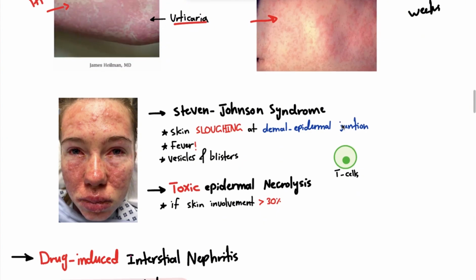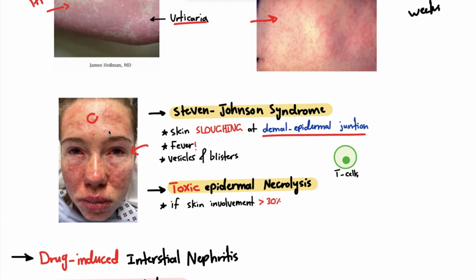The next important side effect here is Stevens-Johnson syndrome, and the more severe form of Stevens-Johnson syndrome, which is toxic epidermal necrolysis. What really happens here is that we have a destruction of the skin, a sloughing of the skin at the dermal-epidermal junction. So the patients would typically present like this.